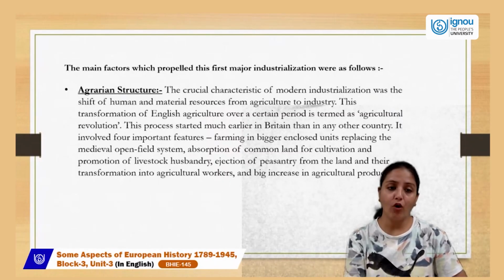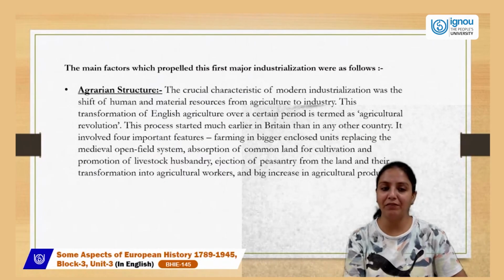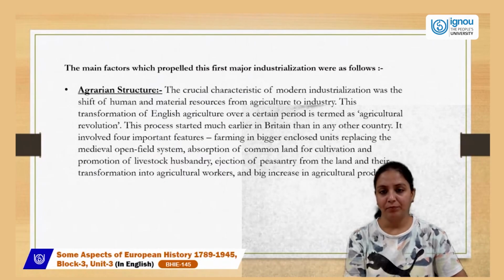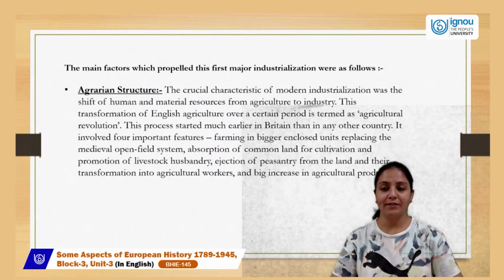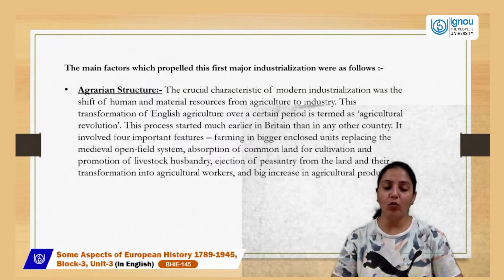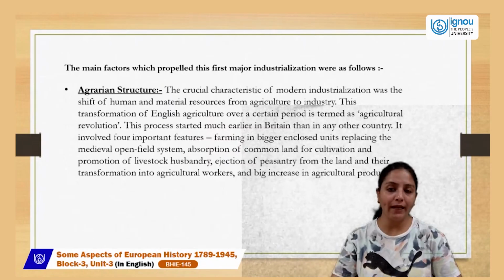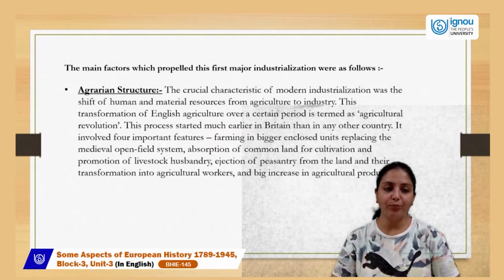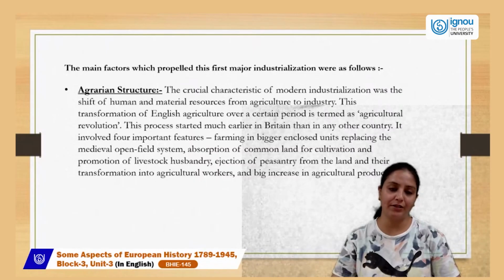It involved four important features. What were they? Farming in bigger enclosed units, replacing the medieval open field system. Next is absorption of common land for cultivation and promotion of livestock husbandry.